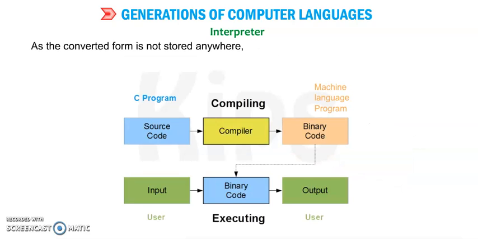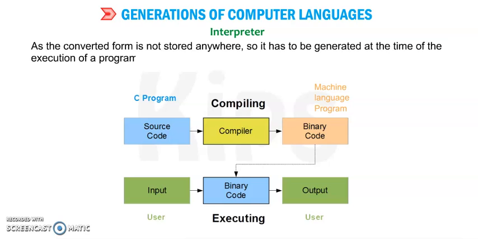As the converted form is not stored anywhere, it has to be generated at the time of execution of the program. If the user gives any input, it executes and then gives the output. It is generated at the time of execution only.